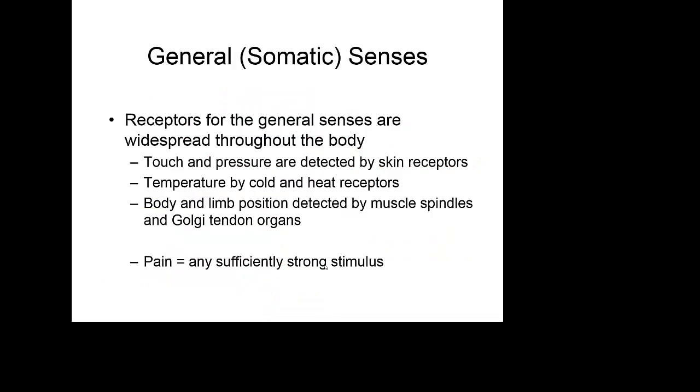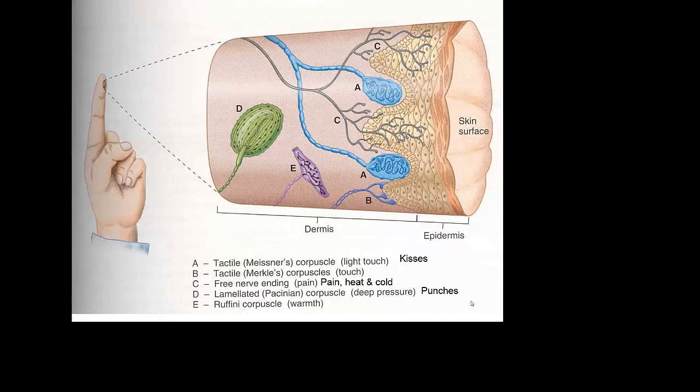The general receptors, as we mentioned, are going to be found throughout your body, and we're going to deal with the afferent receptors as we've been talking about, sensory receptors. But we have to look at how they are going to respond. So we do have different ends to our receptors.